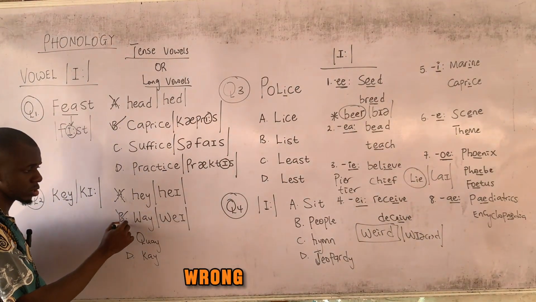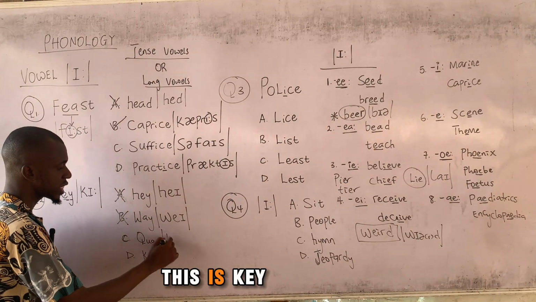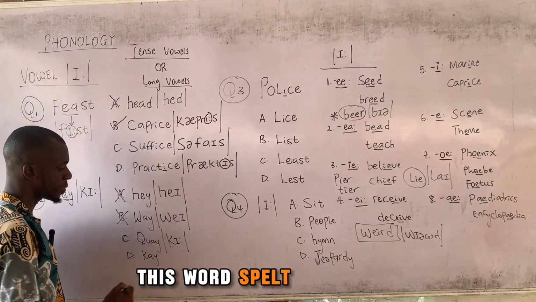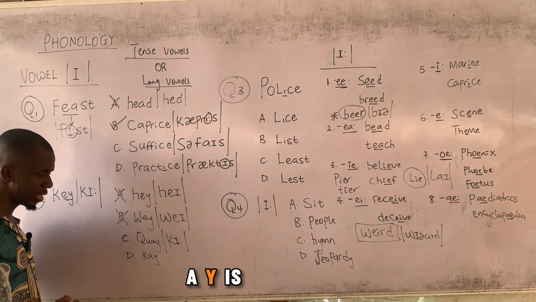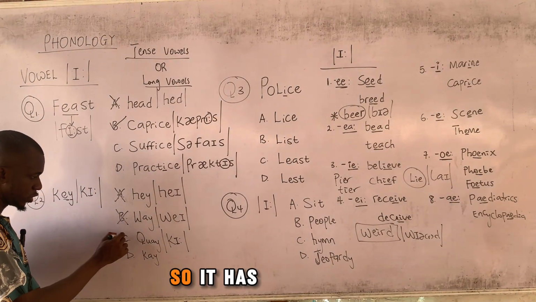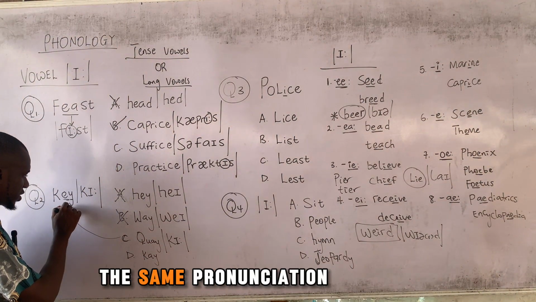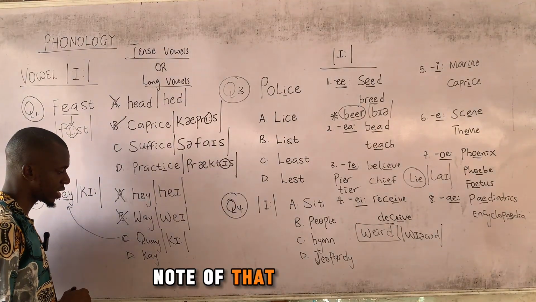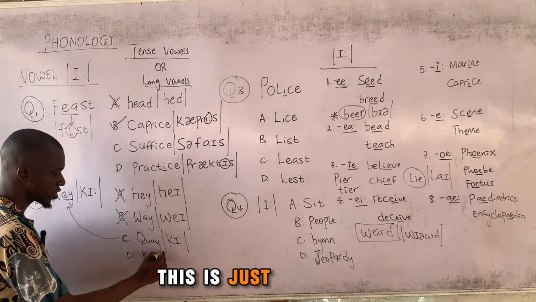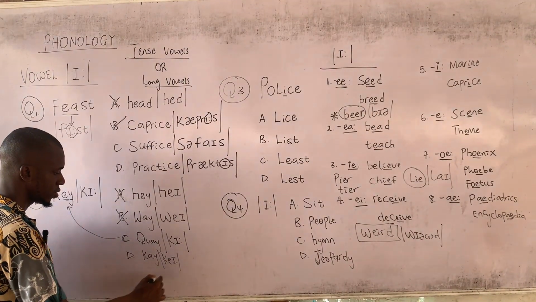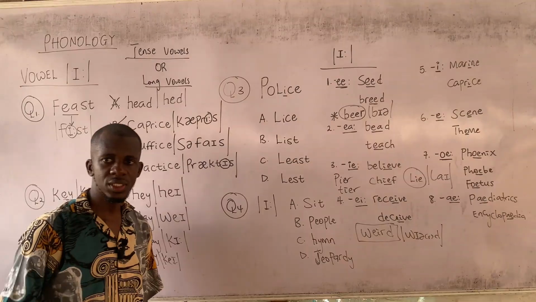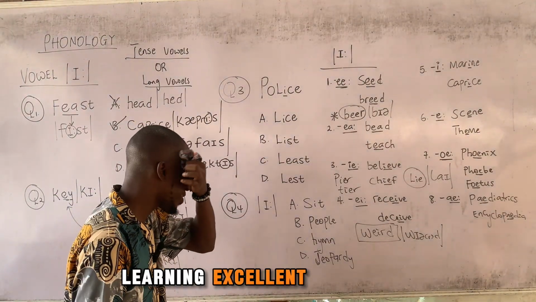So this is wrong. This is key. Please take note. This word spelled as Quay is pronounced as key. So it has the same pronunciation as key. Do take note of that. All right. And then this is just K. So our answer is option C here. I hope we're learning. Excellent.